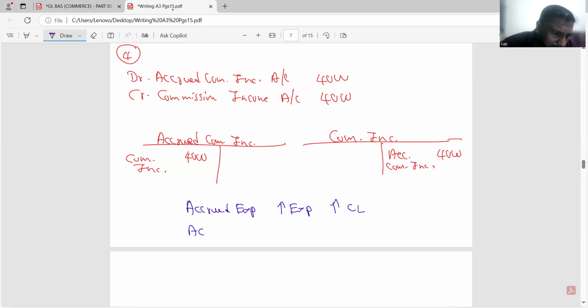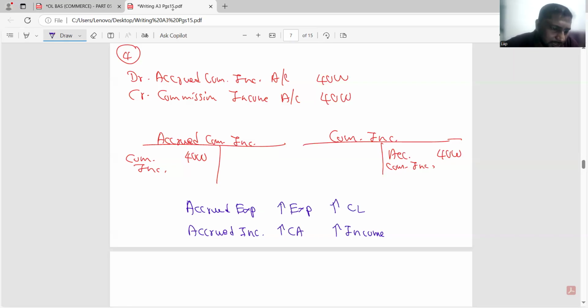Then accrued income we studied. You all can write down what we studied today. In the accrued income, we increased the relevant income. Since we have to receive it, we increase the relevant current asset. Simple as that.